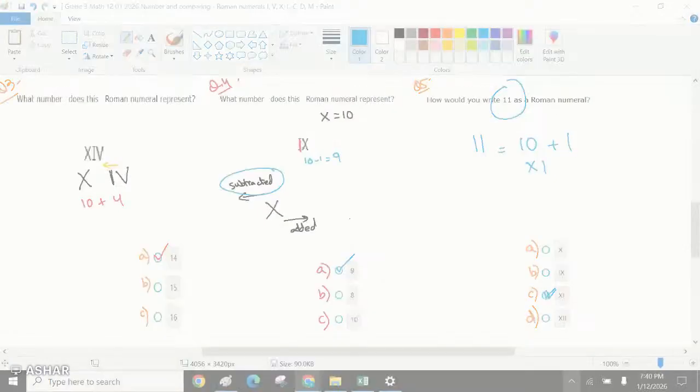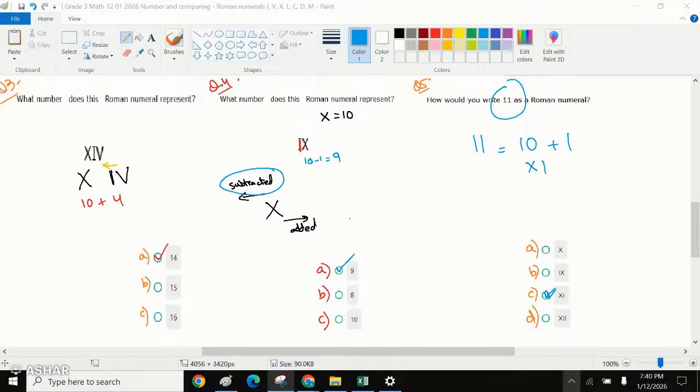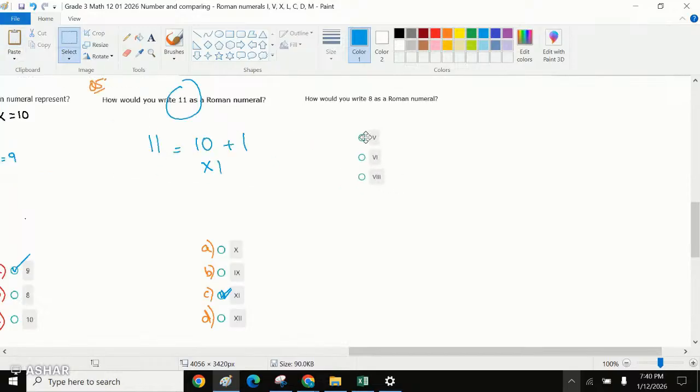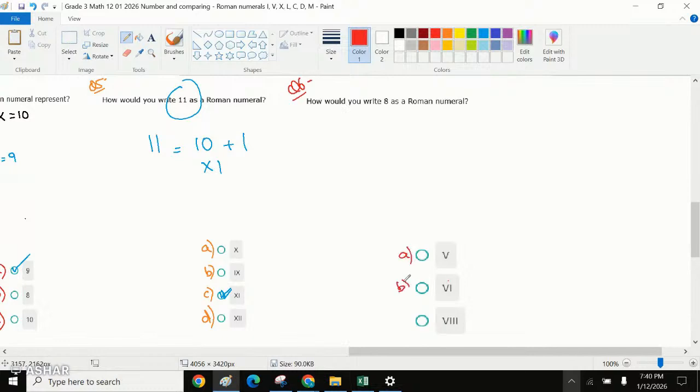The next question is, how would you write 8 as a Roman numeral? How can we write 8? Let's see. 8 can be written as, for question number 6, B and C, right? See, 8 is less than 10, but it is greater than 5.